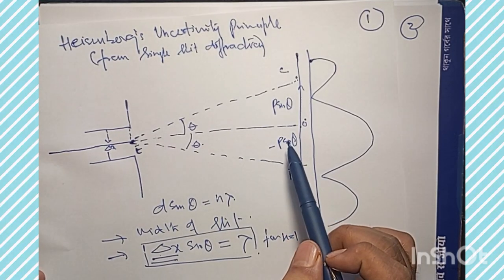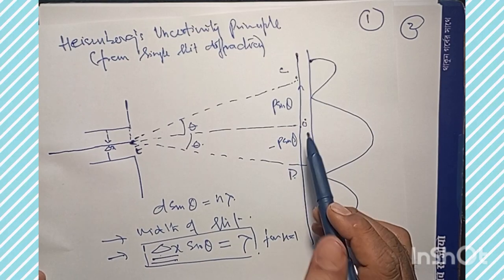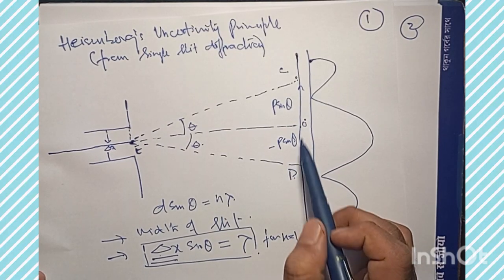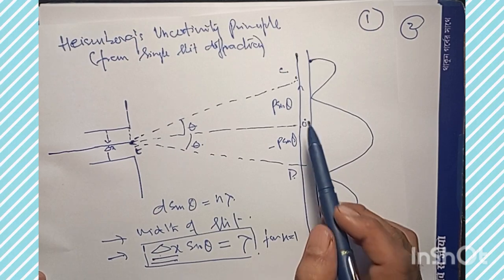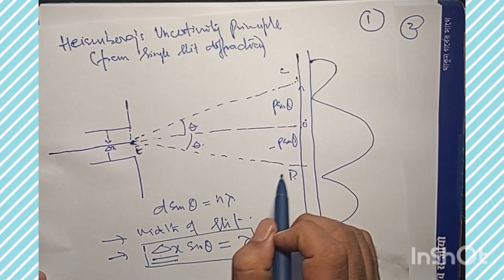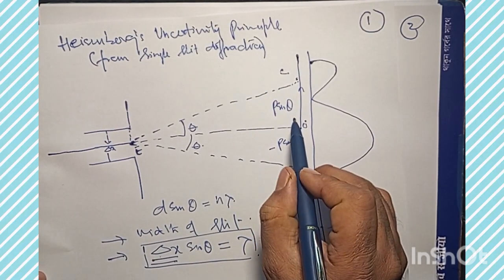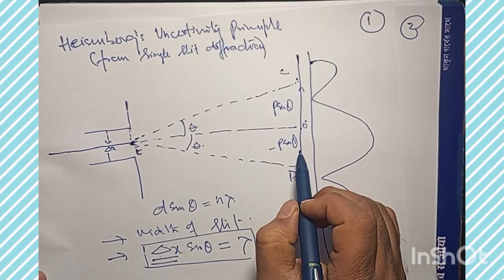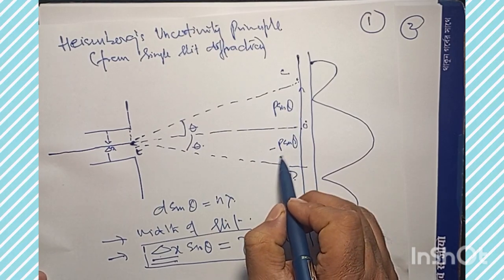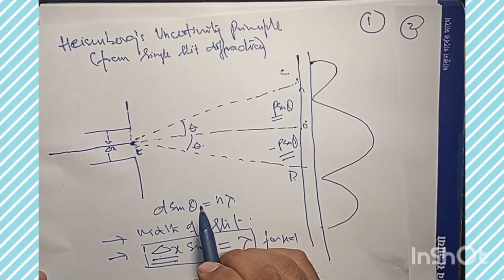As the electron may be anywhere within this diffraction pattern, from the angle defined as theta 1 to theta 2, the perpendicular component of its momentum may be anywhere between minus p sine theta and plus p sine theta.